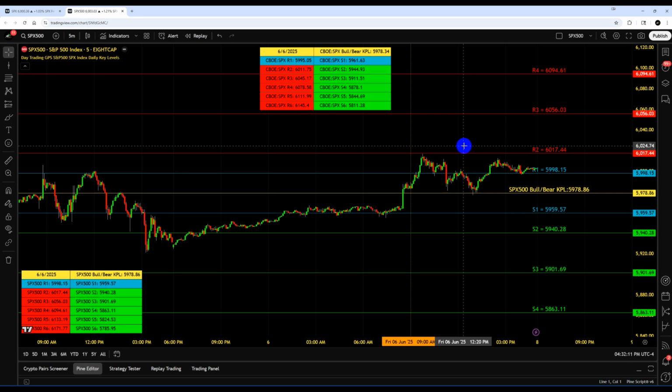We also have daily key levels indicators for other types of symbols. So we have a daily key levels indicator for stocks and ETFs.